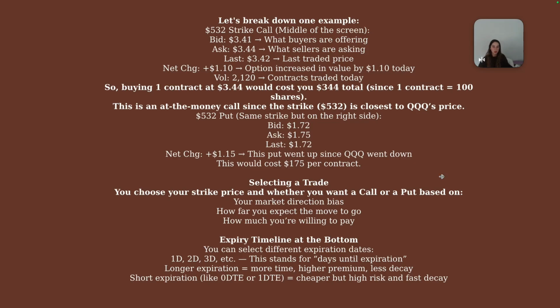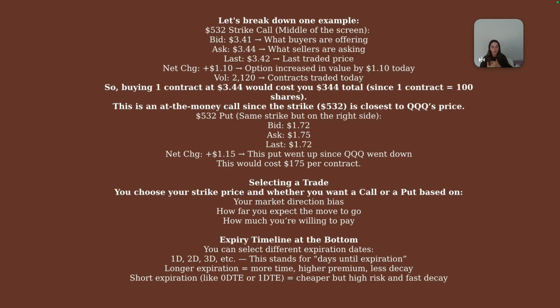So if you have a longer expiration date, that means a higher premium. The cost price of the option is always going to be more expensive because you're buying time, essentially. And then you're going to have less decay, which means when option contracts are close to expiration, even if you're up 50%, they're still going to lose value because you're getting closer to expiration.